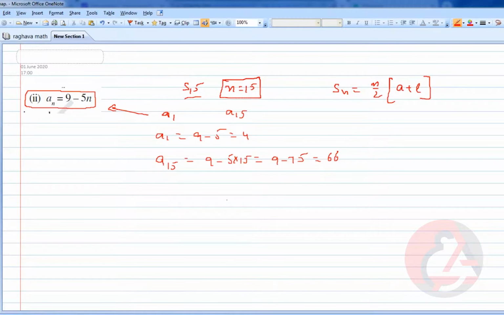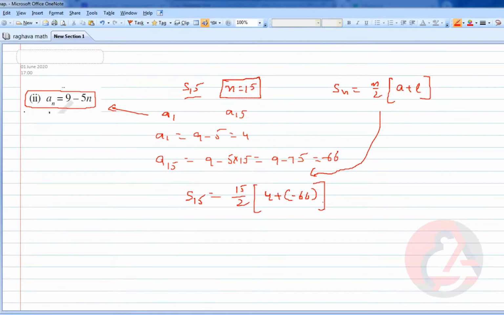So using this formula, S15 will be equal to 15 by 2 into, the a value is 4 and the l value is minus 66.